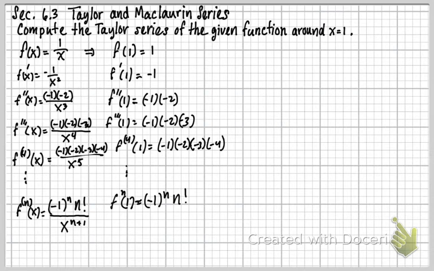Because think about it, I'm going to put a 1 down here, and that's just going to be 1 on the bottom. So that's going to be my f of a. Now we found all of those, and we found our fn of 1, which is negative 1 to the n times n factorial.